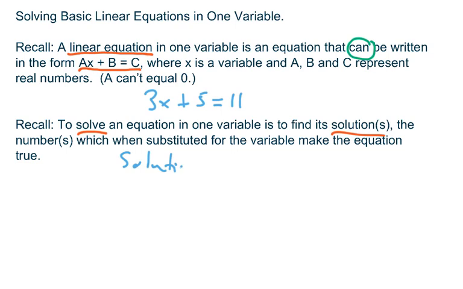of the equation that we have just written is the set containing 2, meaning that 2 is a solution. 2 is, in fact, the only solution. And we can check that by substituting the 2 for the x.